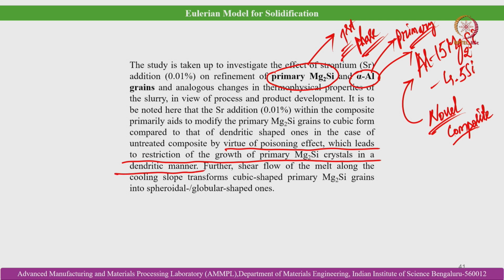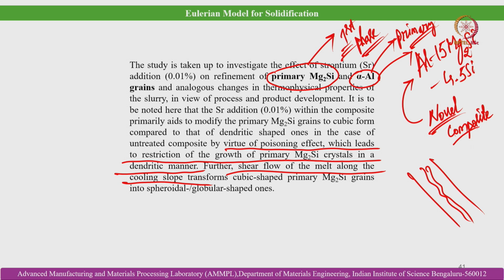Further, shear flow of the melt along the cooling slope, which has been used as a slurry maker, imparts a shear stress along the direction of the melt flow. Because of the exerted shear stress, it facilitates crystal fragmentation and also promotes heterogeneous nucleation, thereby facilitating refined primary grain formation and leading to the generation of semi-solid slurry.